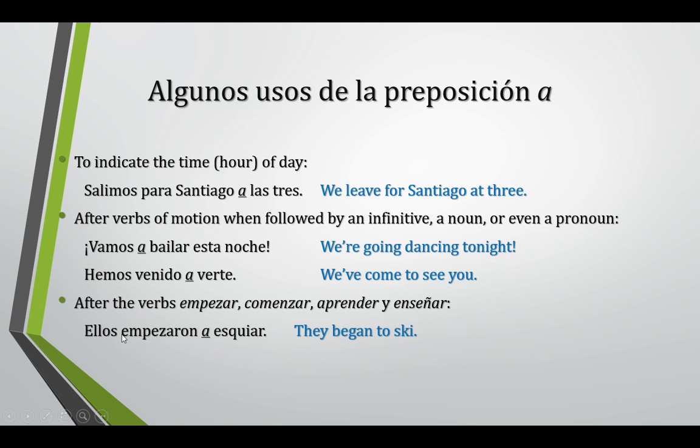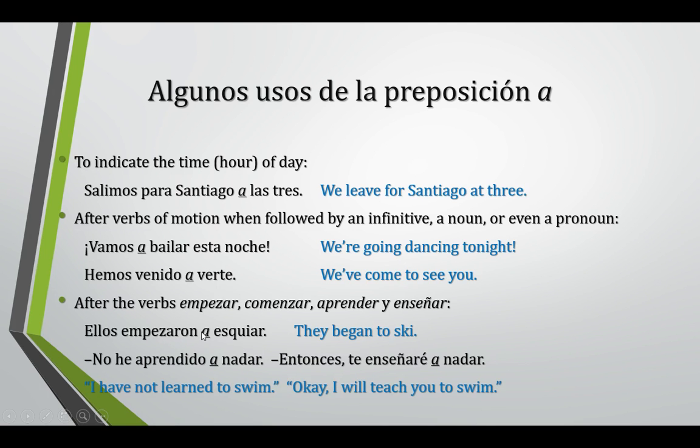So you have to say empezaron a esquiar. Now, a lot of times that a will be in front of another vowel, like it is here, and it almost loses its full value. But you say empezaron a esquiar, and it runs together, but the a is there. Vamos a mirar otros ejemplos, some other examples.